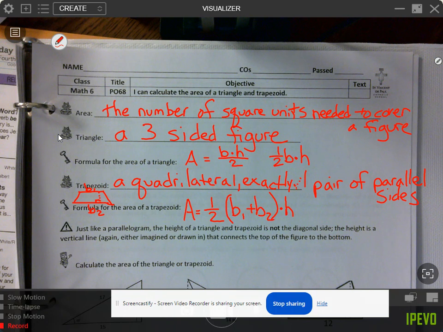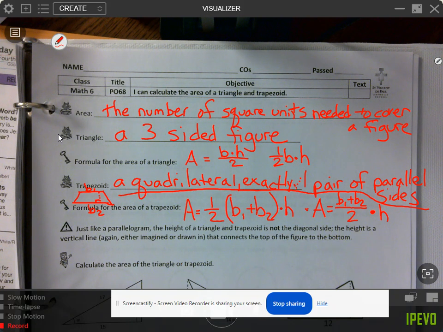Another way we could write this formula is we could say the area equals base 1 plus base 2 divided by 2, times the height. So they mean the exact same thing. We could say half of base 1 plus base 2, or we could say base 1 plus base 2 divided by 2.